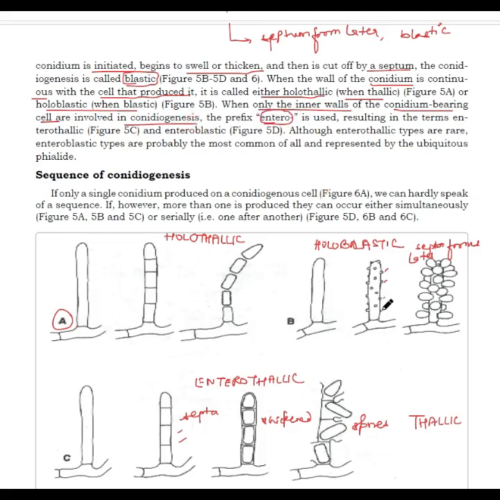So you can see that here the inner wall is involved in the formation of either thallic or blastic spores. It is known as entero, that means inner. Enterothallic types are very rare, but enteroblastic types are the most common of all.